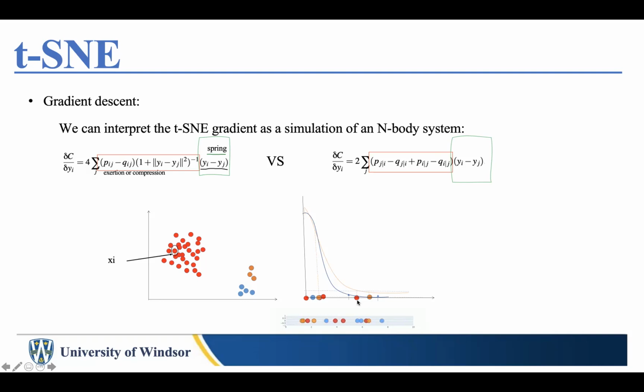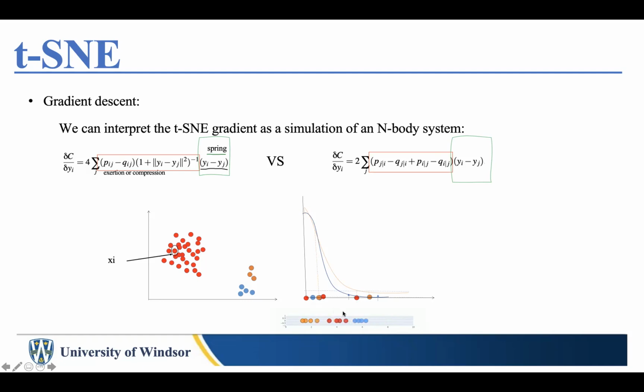If the data points have a low similarity in the high-dimensional space, but have a high similarity in the low-dimensional space, let's say this blue data point, then the spring force is big and the exertion is positive, which means it will add a repulsion on Yi.